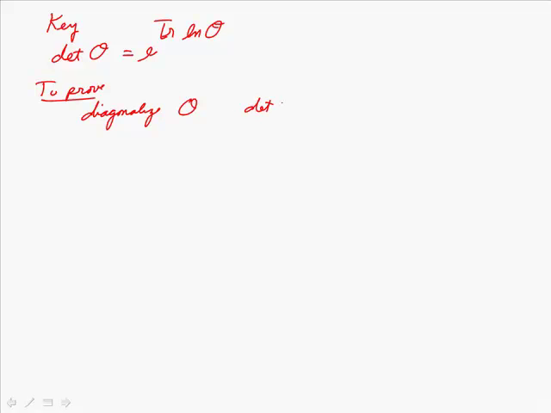So the determinant of O diagonal is the determinant of O. So they have the same determinant. But we know how to calculate the determinant of the diagonal one. It's just the product of the eigenvalues of O. Okay, so when you diagonalize it, you take the determinant, it's just the product on the diagonal of all the eigenvalues.